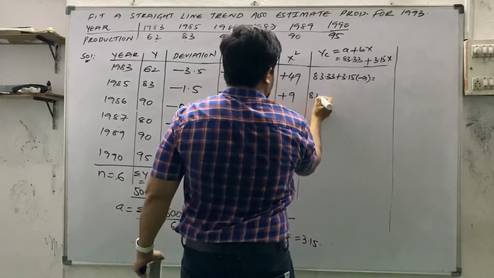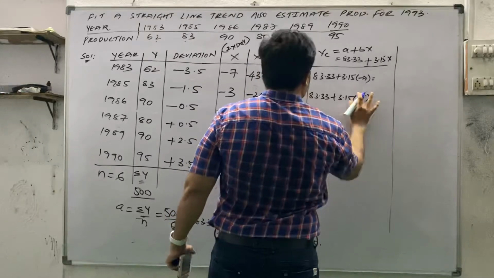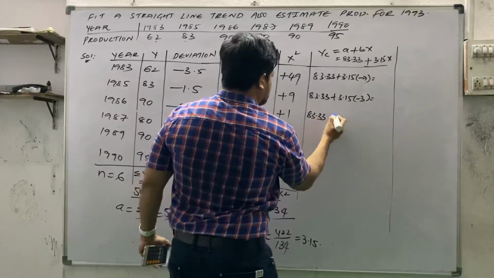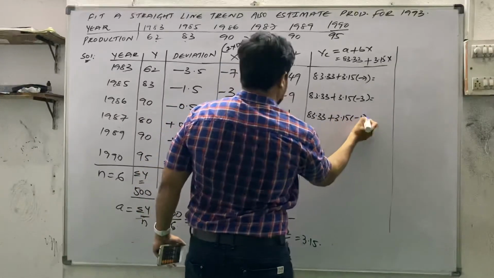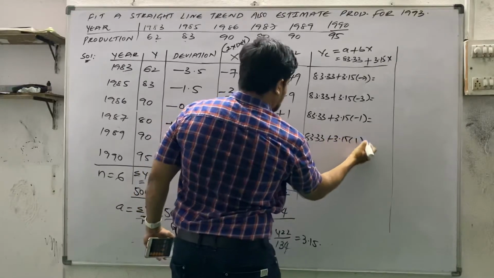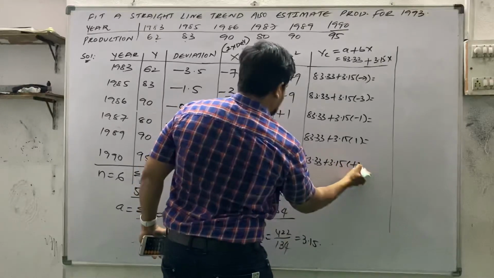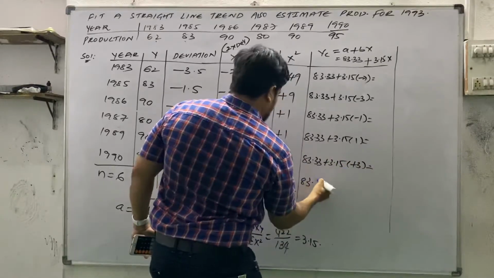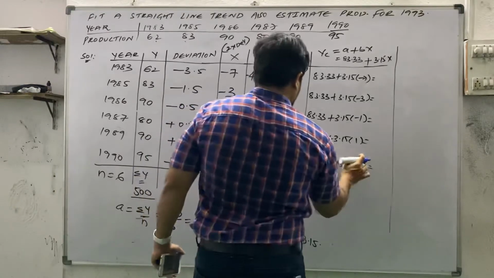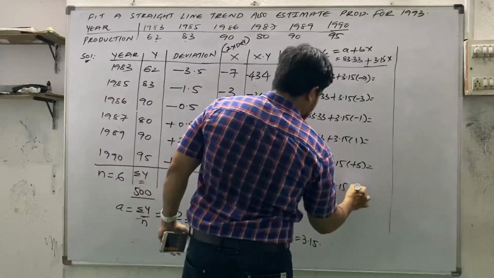Calculate it. 83.33 plus 3.15 into minus 3. 83.33 plus 3.15 into minus 1. 83.33 plus 3.15 into 1. 83.33 plus 3.15 into 3. 83.33 plus 3.15 into 5 actually. Then we have into 7.